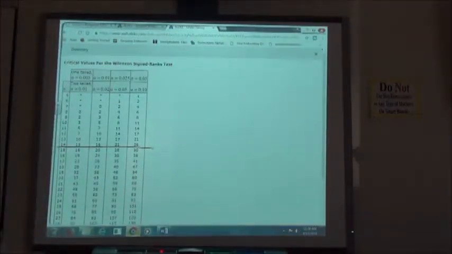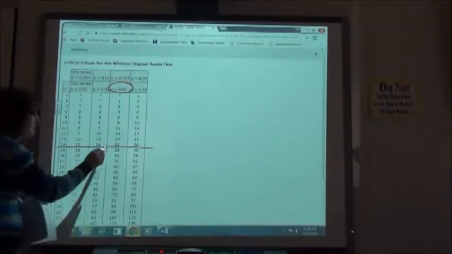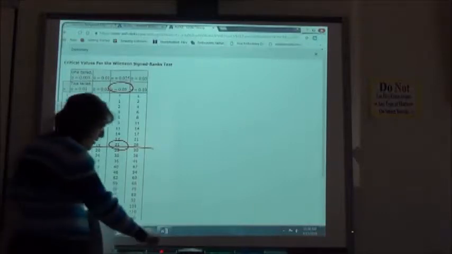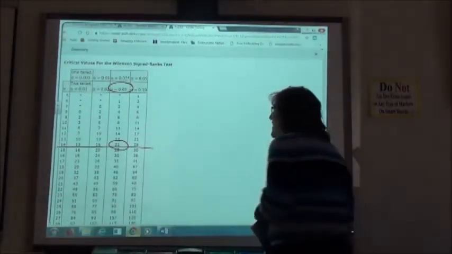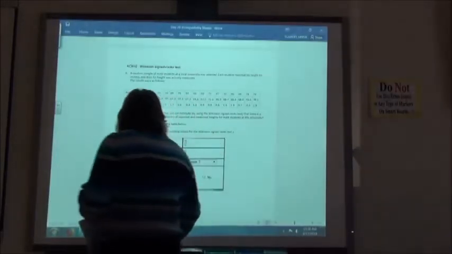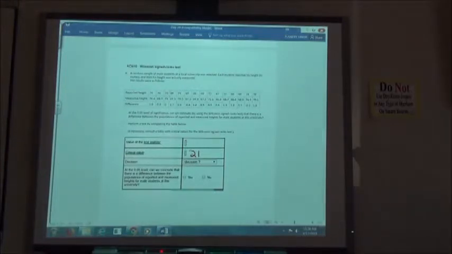We are doing a 0.05 level of significance. Since it's an equal and a not equal, it's a two-tailed test. So a two-tailed test at a 0.05 level of significance means my critical value is going to be 21. I'm going to look that up first before I do all the rest of my work, otherwise it erases. So 21 is my critical value. I'm going to close that and go back over to my paper. 21, that's the value we looked up.